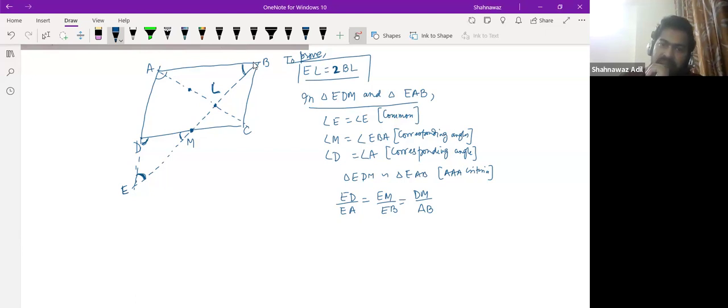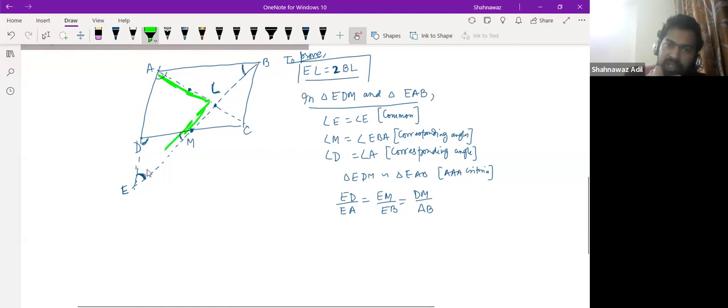And you guys can tell me what will be the triangles that we will use for EL and BL. These would be the triangles, right? Triangle ELA and triangle BLC.